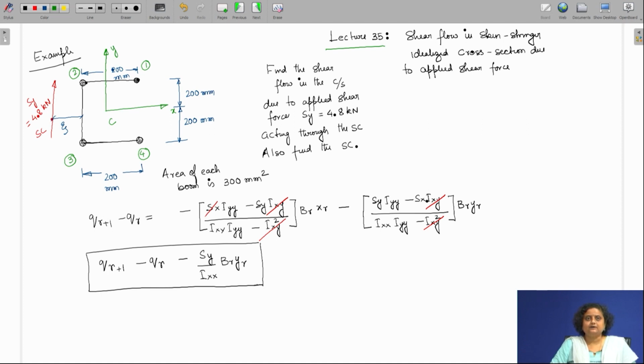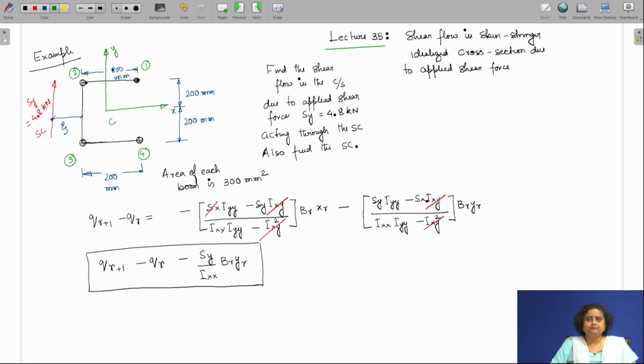As we know that the cross section is symmetric about x axis, the shear center is going to lie on the x axis, and let us say that the distance of the shear center is zeta from the vertical web, that is 2, 3 of the cross section. Now, since the cross section is symmetric, Ixy is equal to 0, and since the shear force is applied only in y direction, Sx is equal to 0.